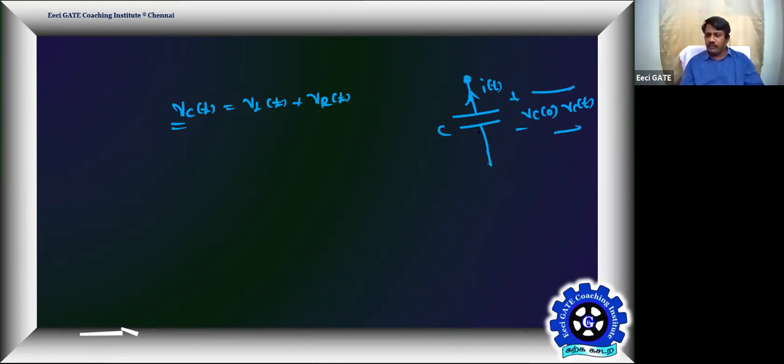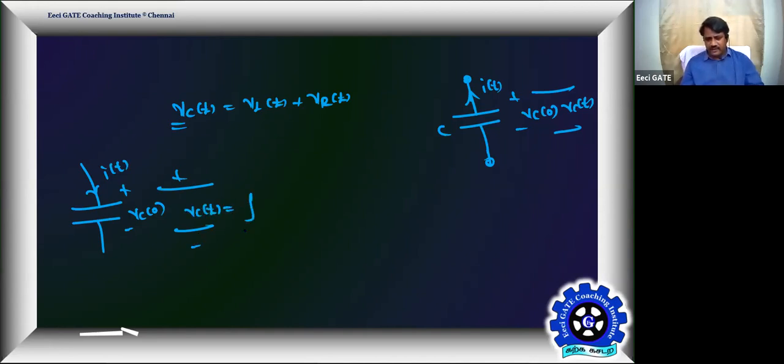It is holding the initial voltage. Okay. What is VC of t? If I have an initial voltage like this, the initial voltage is VC of 0. And if I have a current like this, that's I of t. Then I can say VC of t like this. What is the VC of t for this?